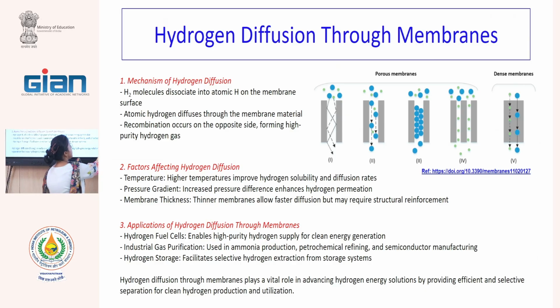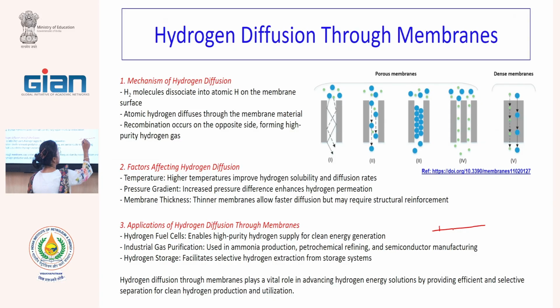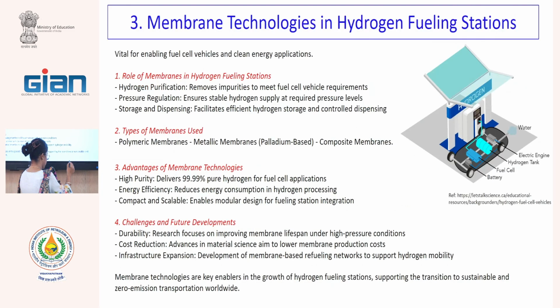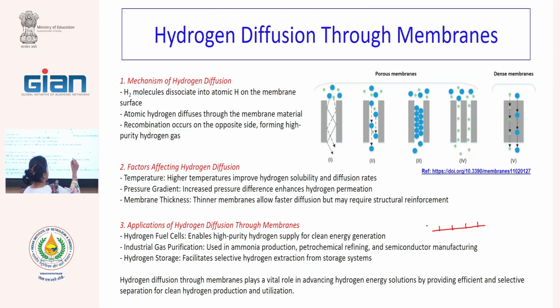Hopping mechanism is where we have different functional groups on the sides of the polymers, and the hydrogen proton just comes, sits, and jumps on them. This is called the hopping mechanism. It is purely a diffusion variation.